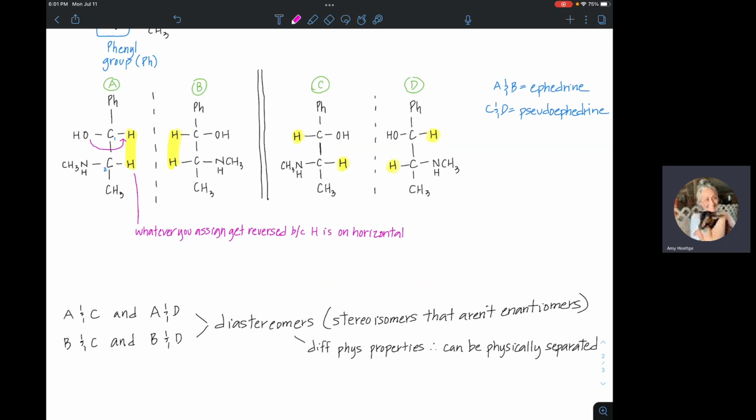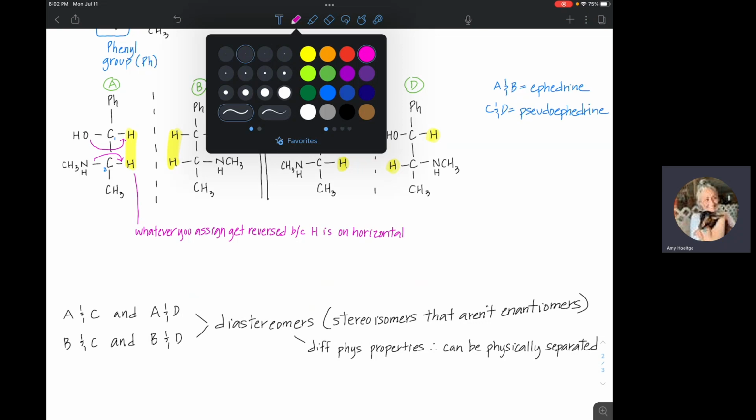If I go straight up, I hit a carbon and then a hydroxyl group. If I go straight down, I hit a carbon and a pile of hydrogens, right? So if I go straight up, that's my next top priority, which means that I'm rotating in this direction, which would normally be R, wouldn't it? But because the hydrogen is on the horizontal, it's going to be S.